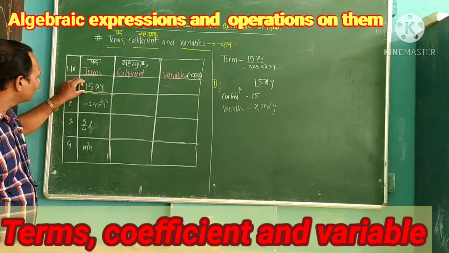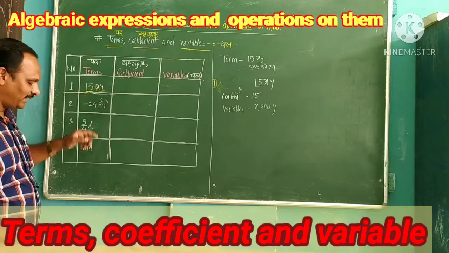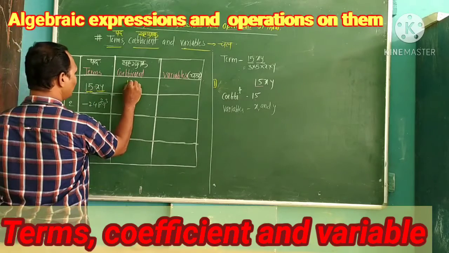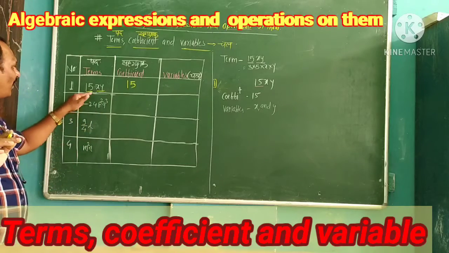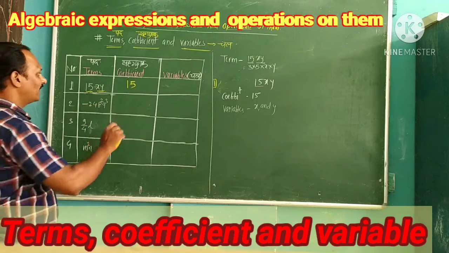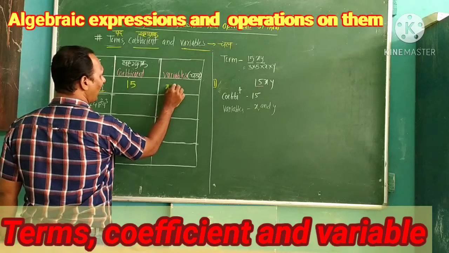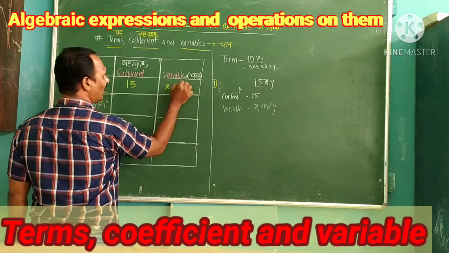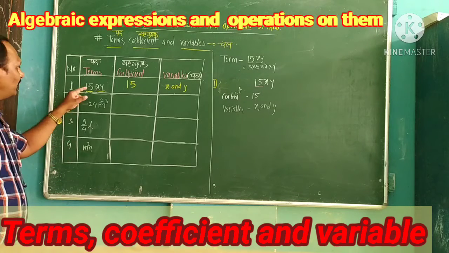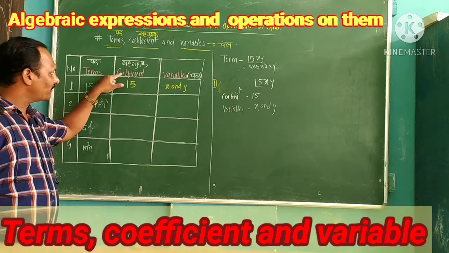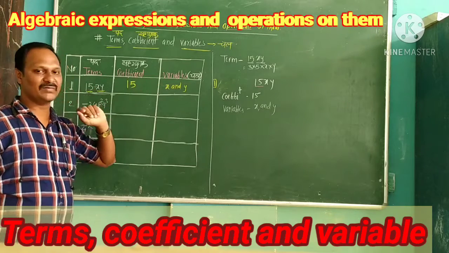So in this term, the coefficient is 15, and these English small letters x and y are called the variables. Okay, so you see what terms, coefficient and variables mean.